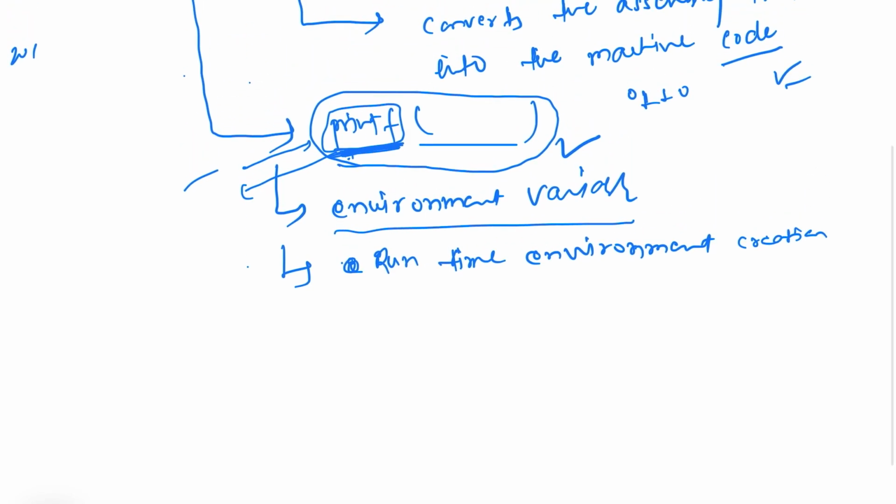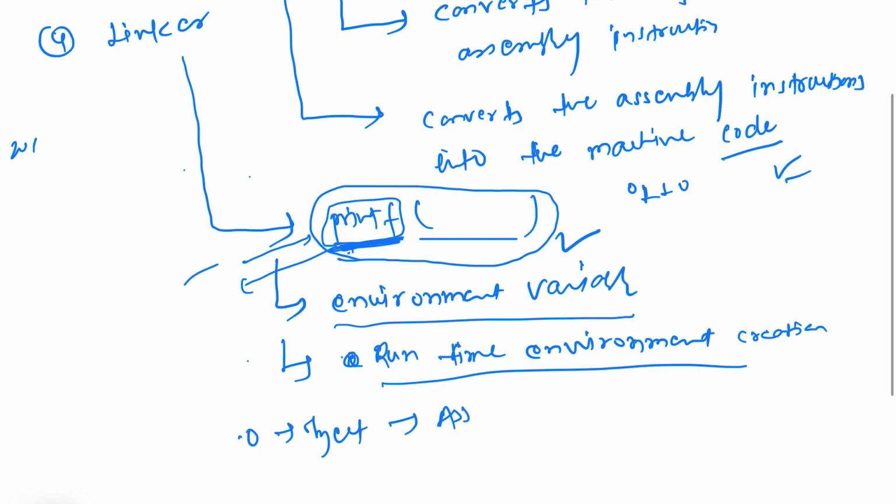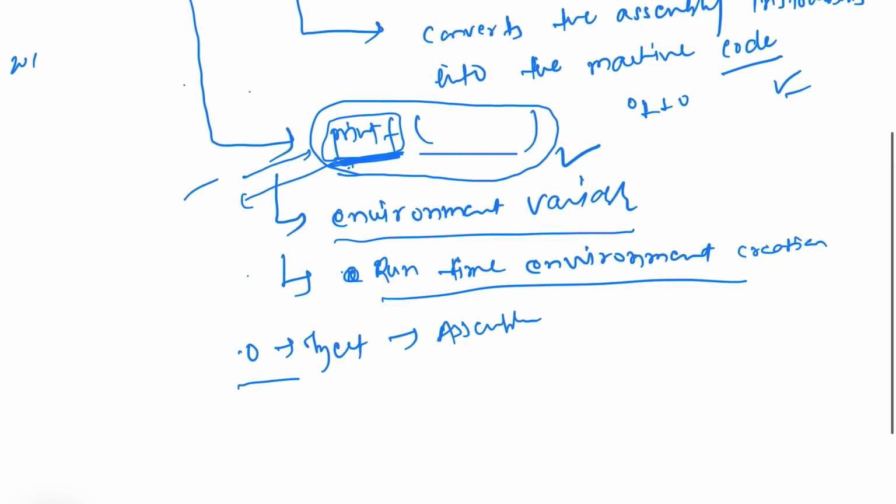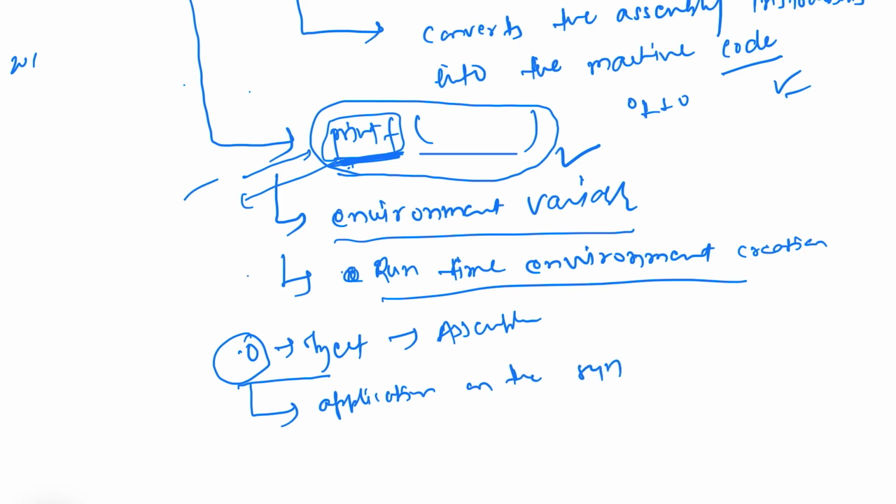What I want to say here is, suppose we have the object file, the .o file, which we create after the assembler. To run the application on the system, we need to provide the environment or setup to execute the application.